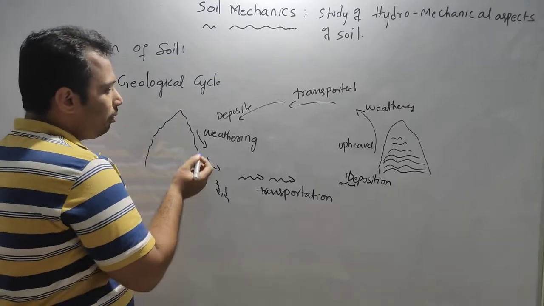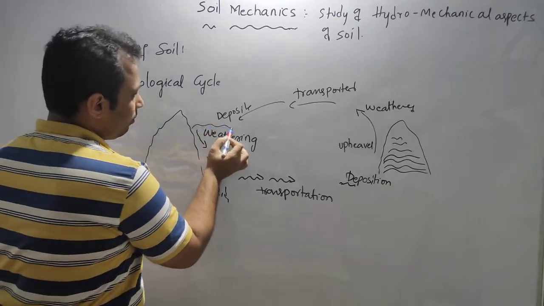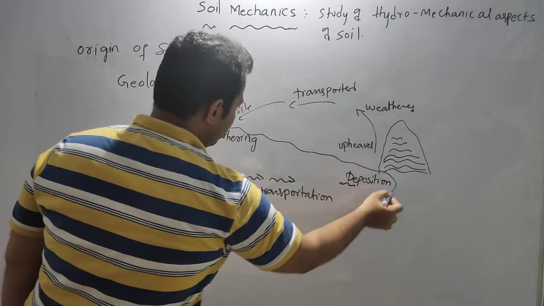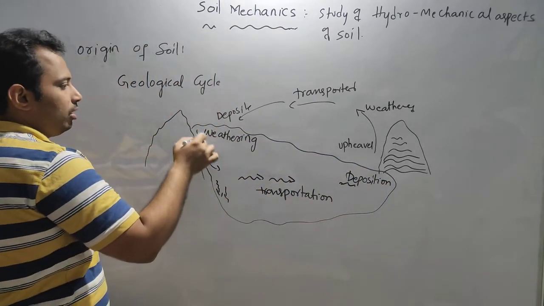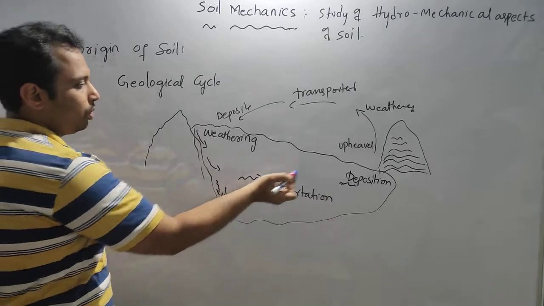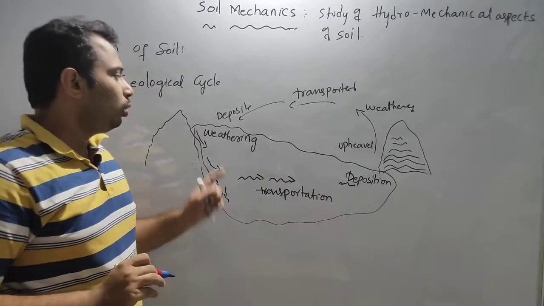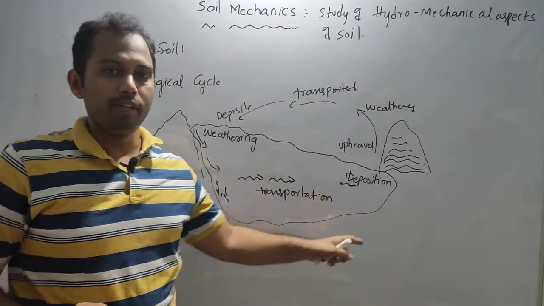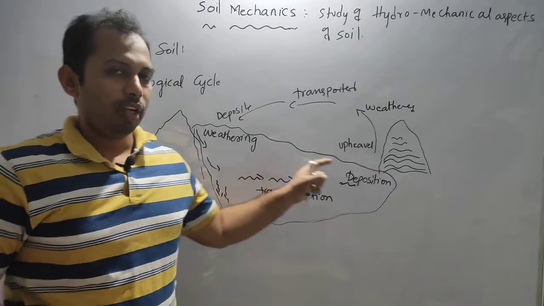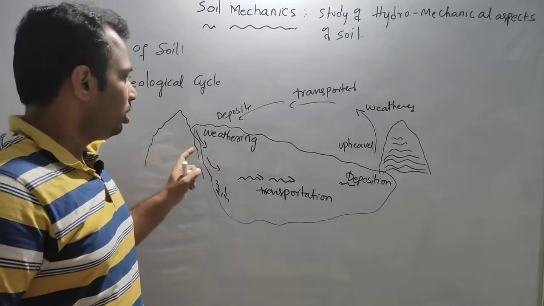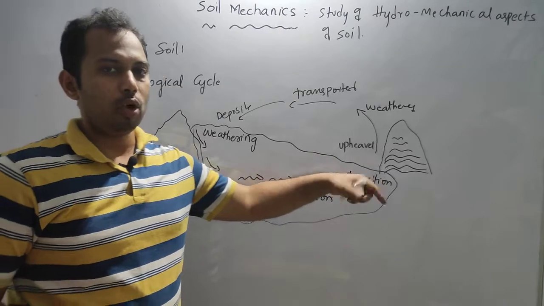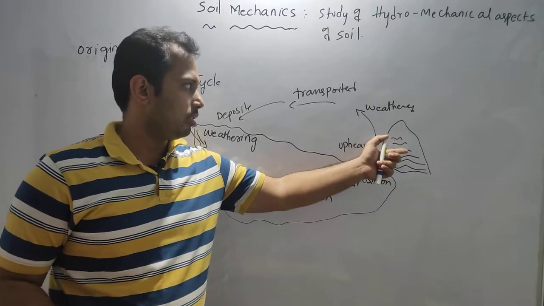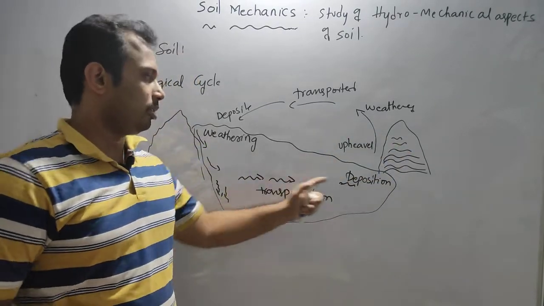So I have told you one part of the geological cycle, which is the soil phase. From here to here: weathering, transportation, deposition. In this part of the phase the soil is existing, and in the rest of the part rock is existing. So this is the rocky phase and this is the soil phase.